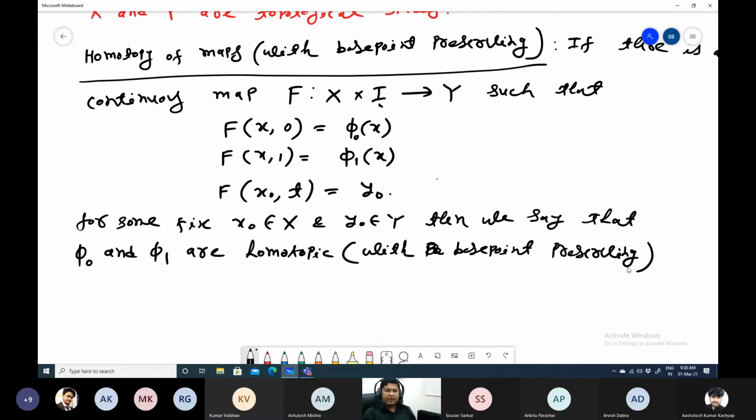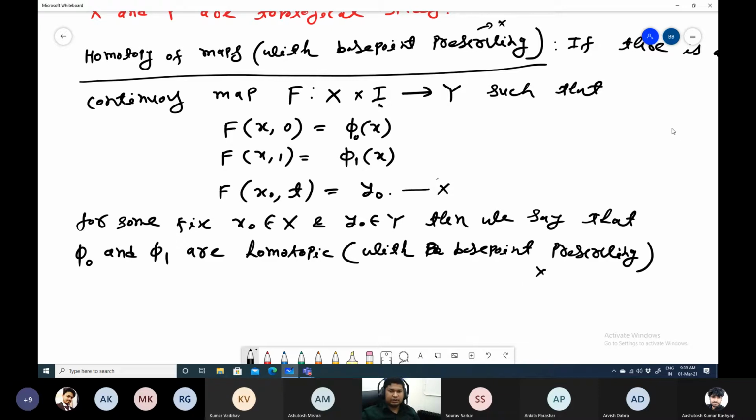So why are we defining this one? We are defining it for some purpose, and later we shall see that we do not actually need this condition. That means that base point preserving we do not need, so we can remove that part. We will see that, because this is for our purpose.